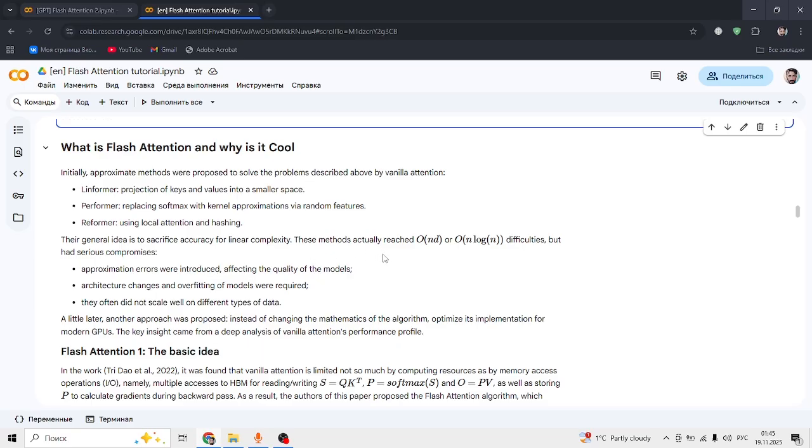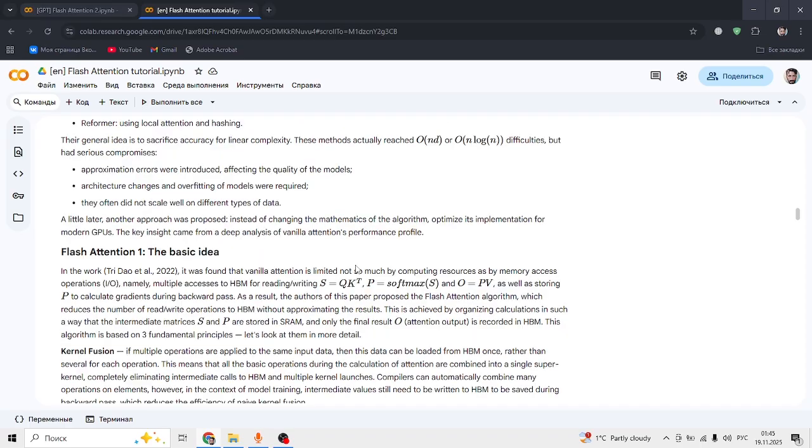And we need to change the architecture of the attention mechanism, and it can also lead to overfitting of the models. Also, these approaches often didn't scale well on different types of data.